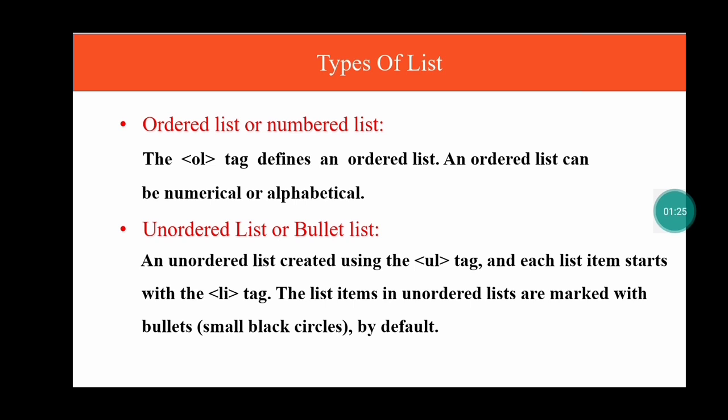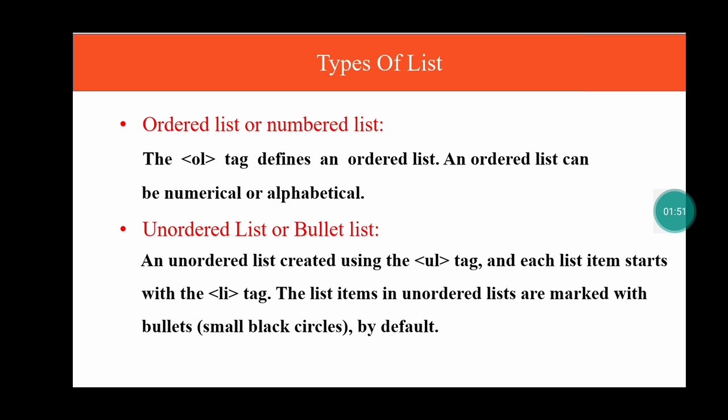An ordered list can be numerical or alphabetical. Means when you create an ordered list, it will be displayed in numerical, meaning numbers, or in alphabetical, meaning A B C D. That may be uppercase or lowercase. Also it can be displayed as Roman numbers, I II III, also small Roman numbers, i ii iii, like this. So that is called the ordered list or the number list.